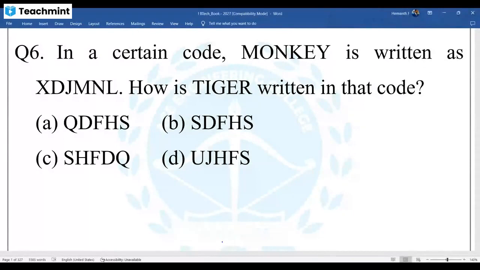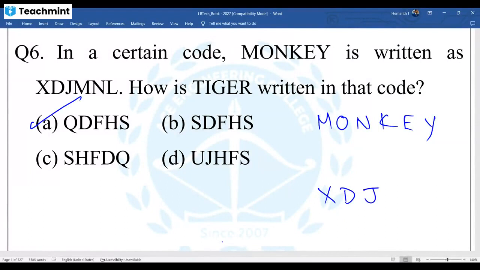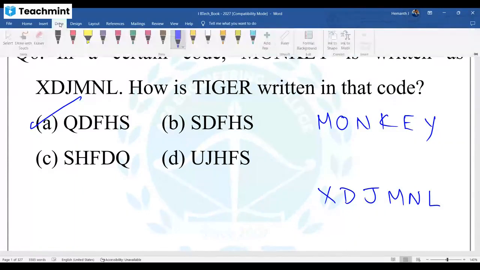Yeah, if you see this question, monkey, what's the logic you got? So this is a new logic, good question actually. Option A is correct. So what's the logic? Writing from back to front and then writing the previous letter. What is Y's previous letter?